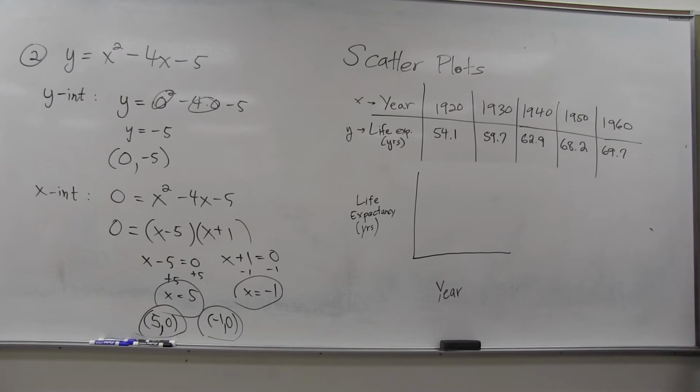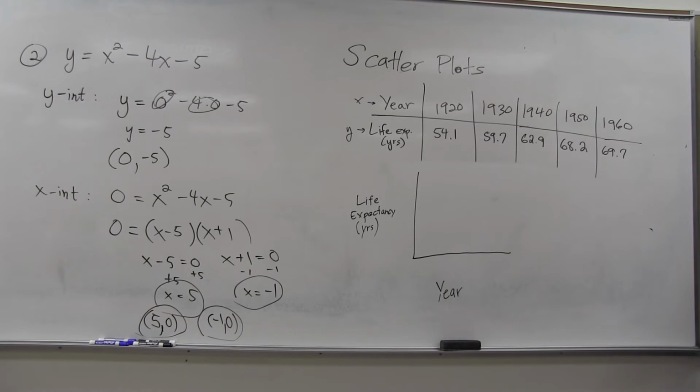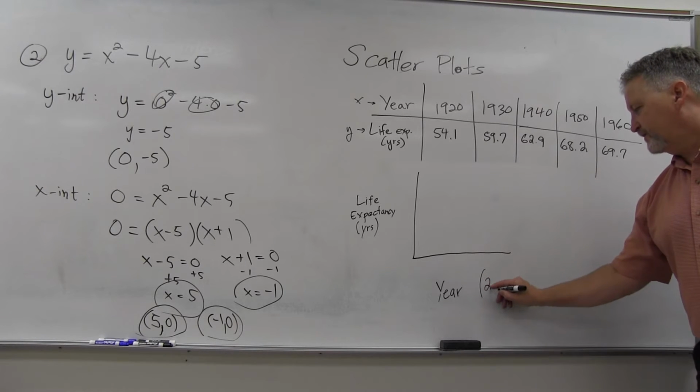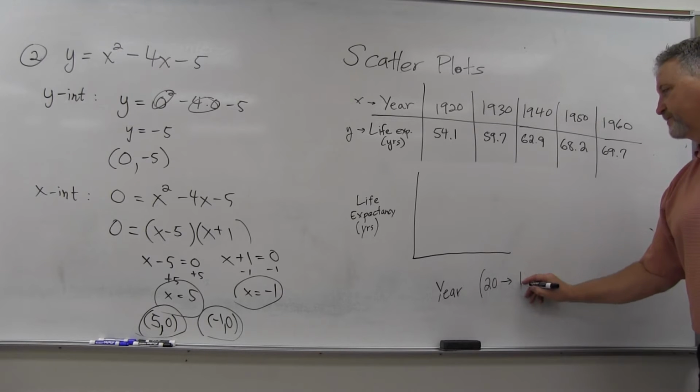So we'll label those. Now the other thing is, I could put 1920, 1930, but let's make a little shorthand notation. Let's say x is 20, that's going to be 1920.